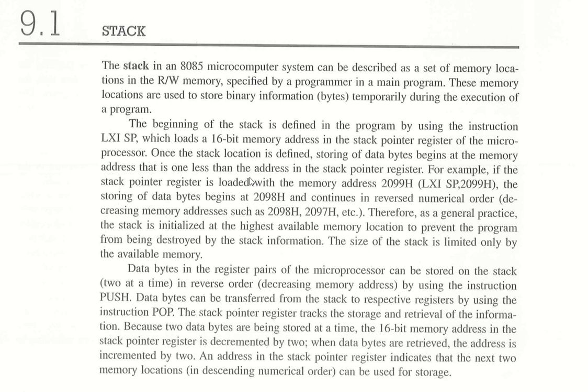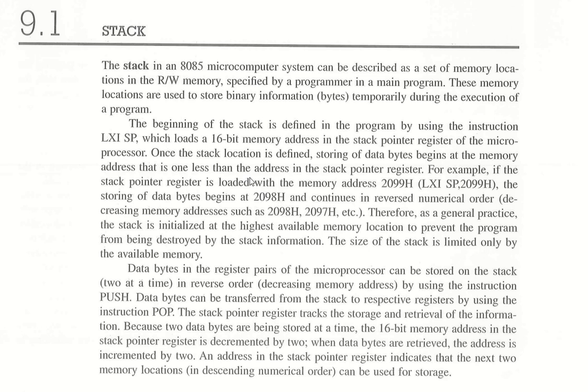Clear? Now the data bytes in the register pair of the microprocessor can be stored on the stack in reverse order by using the instruction PUSH. The data bytes can be transferred from the stack back to the respective registers by using the instruction POP.